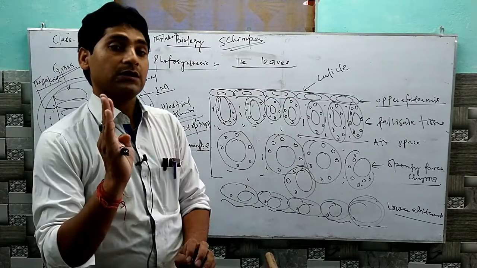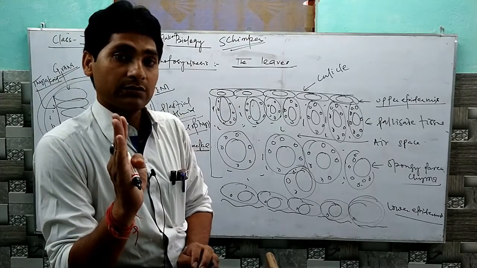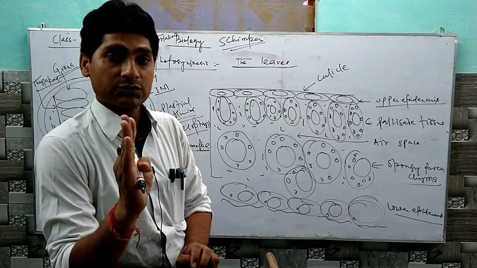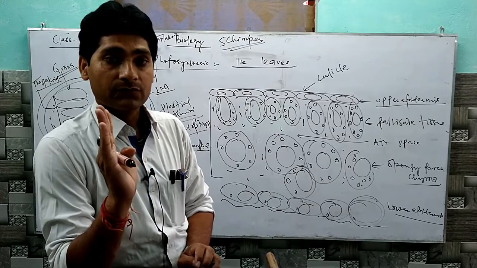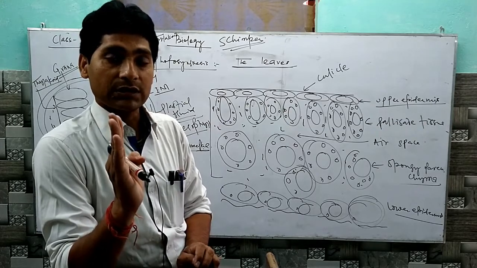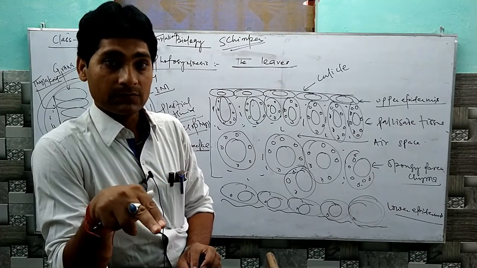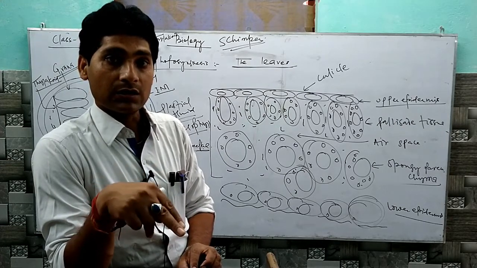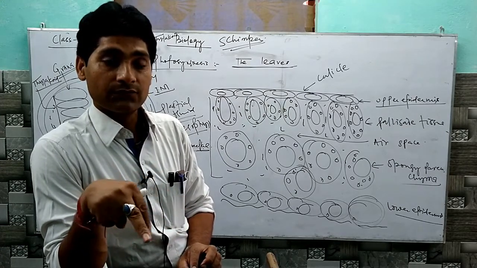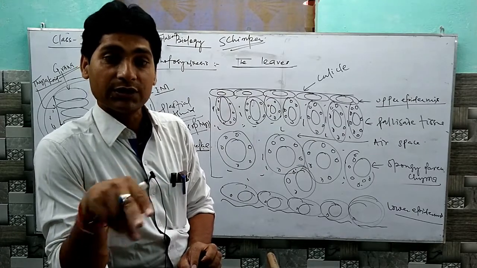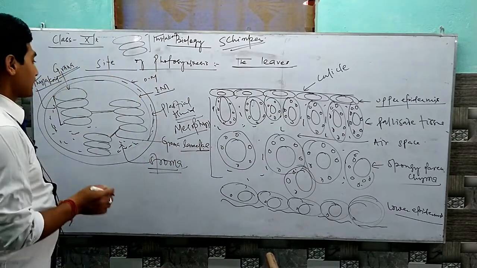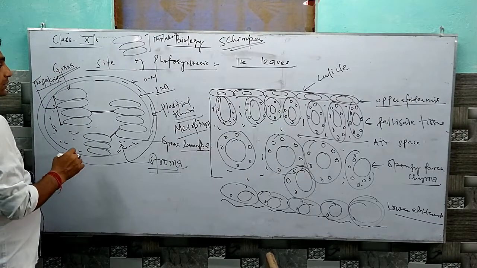Stroma is the ground substance, a colorless fluid in which grana are floating. This is the main structure.